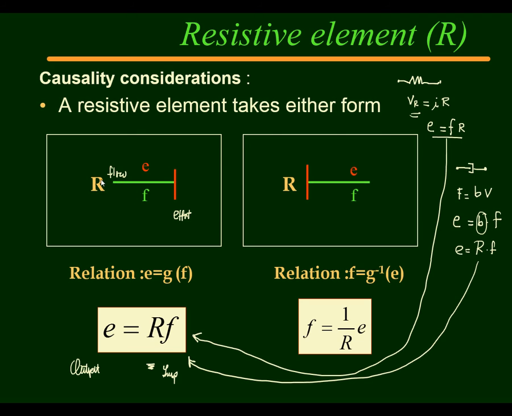So it means that from the R element, this is what's coming out, this effort, and what's going into the element is this flow. See? So the little picture, when you see R like this, it means this is the effort that comes out of the R, and this is the flow that goes into the R.